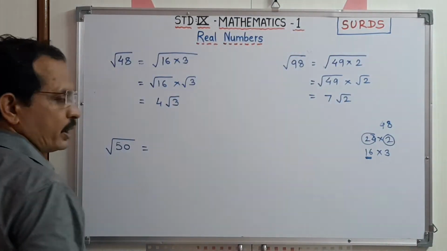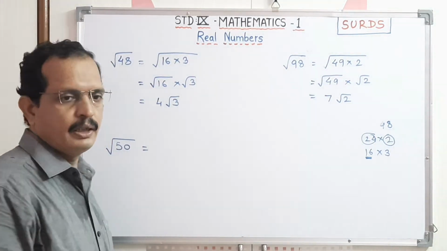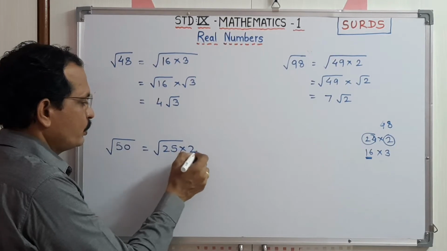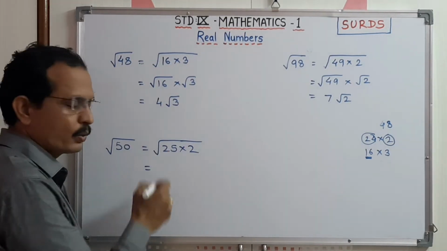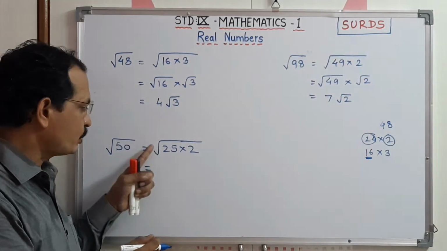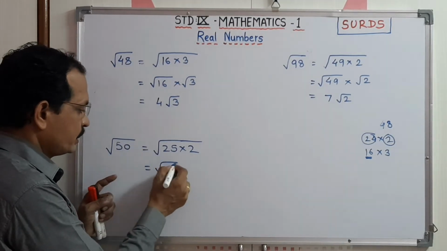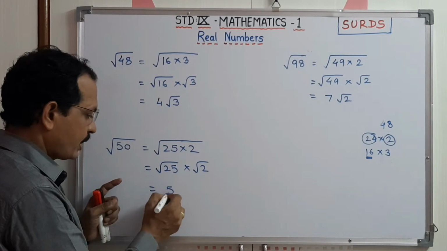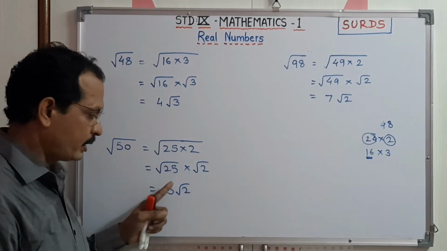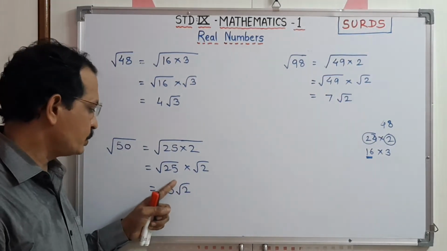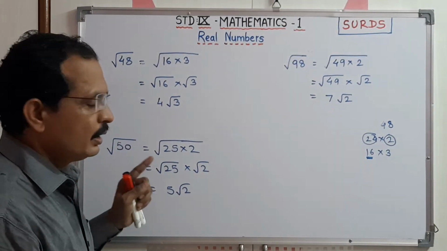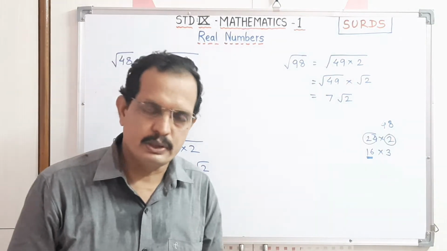The order is 2, the radicand is 50, and we simplify that 50 as 25 into 2. Now the square root of 25, why are we taking the square root? Because the order is 2. Here it is 25 into root 2, then it is 5 root 2. The radicand is 2, the order is 2, and the other factor is 5. I think everyone understood this.